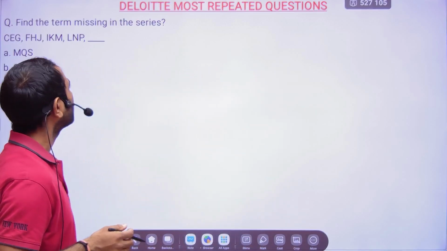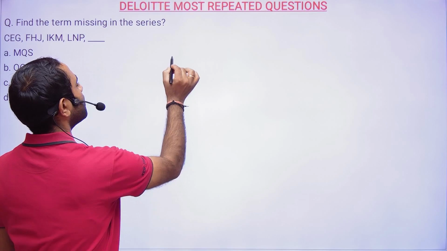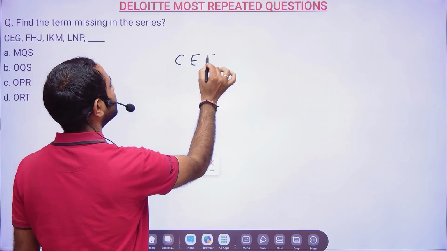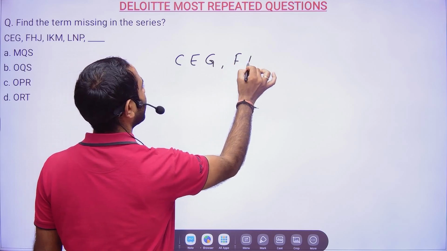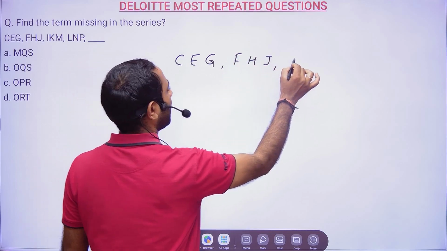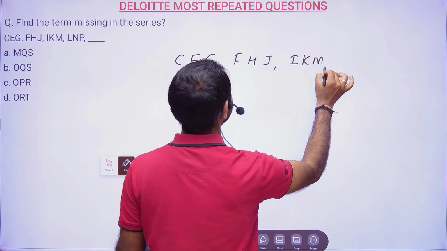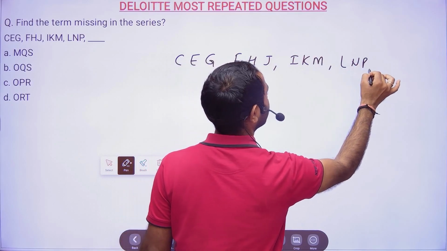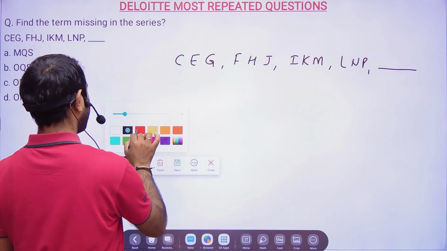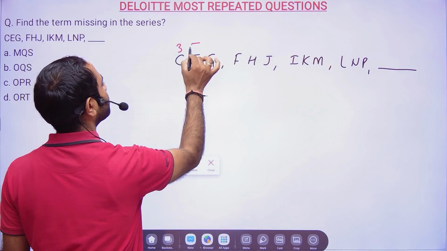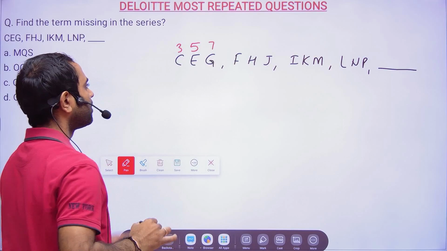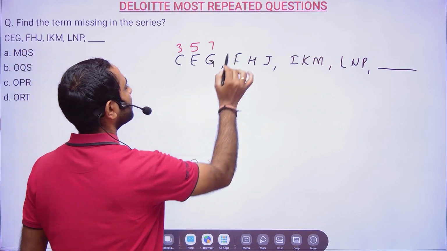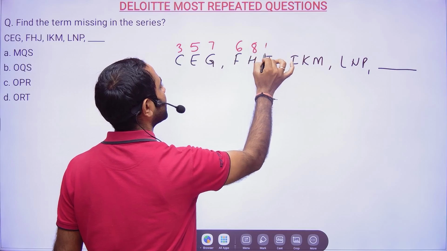This is nothing but a coding decoding problem. So we have C, E, G, we have F, H, J, we have I, K, M, and we have L, N, P. Now what you have to do is write the alphabetical position. C is 3, E is 5, G is 7, F is 6, H is 8, and J is 10.